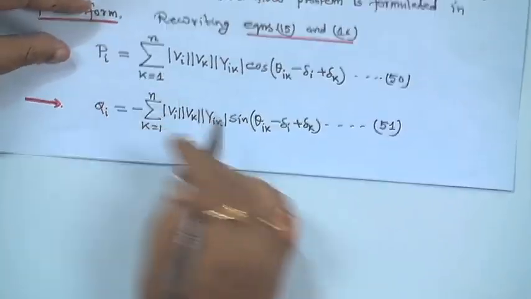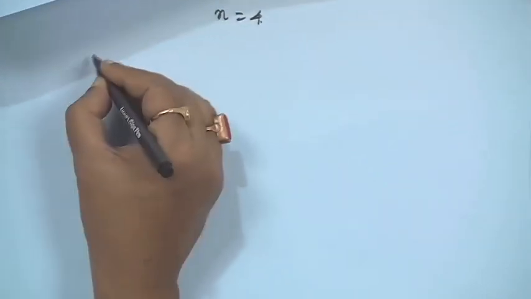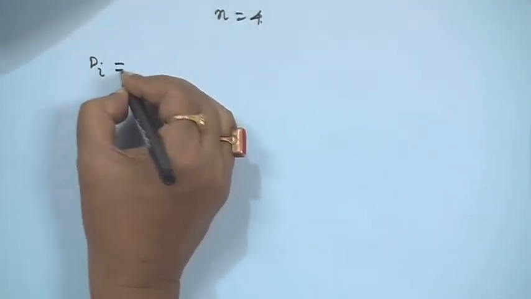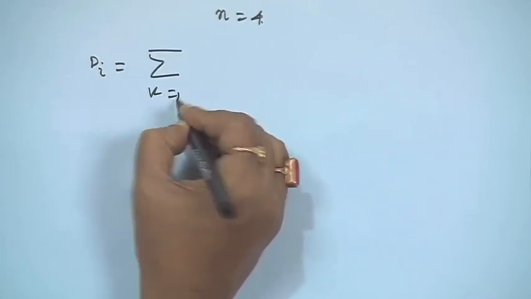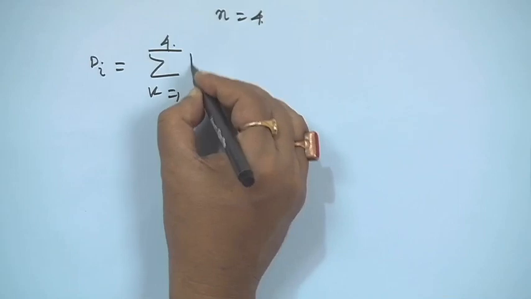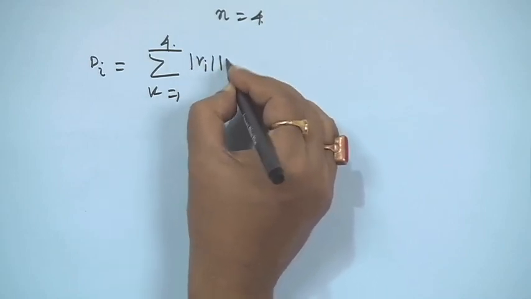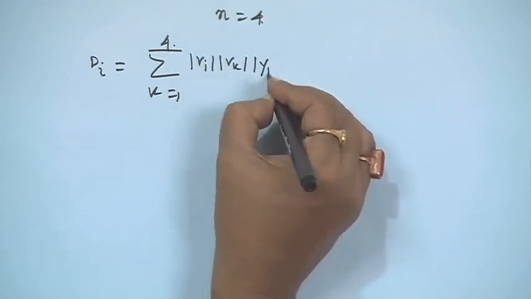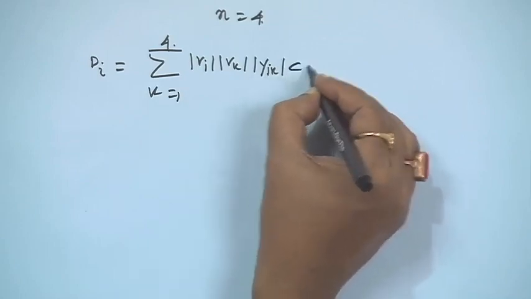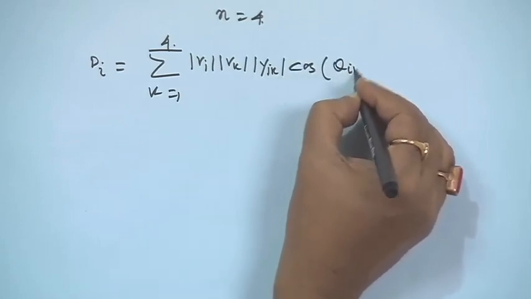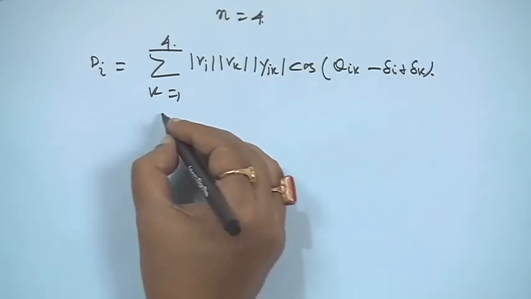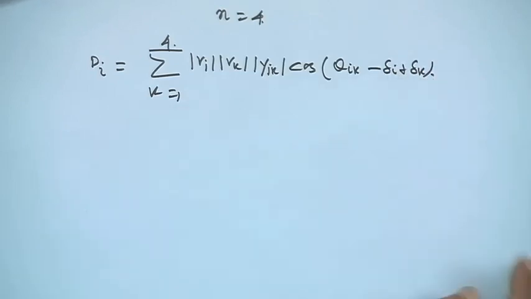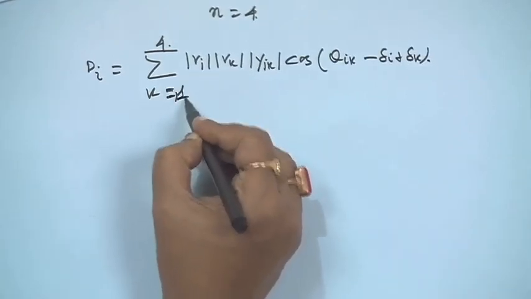This Pi equation we can write like this: Pi is equal to the summation over k is equal to 1 to 4 of Vi, Vk, Yik, cosine of theta ik minus delta i plus delta k, right.